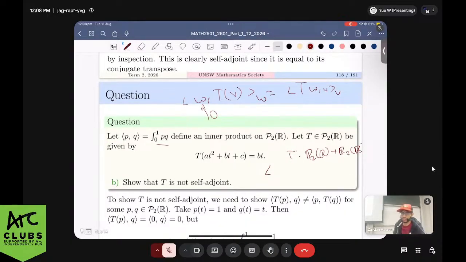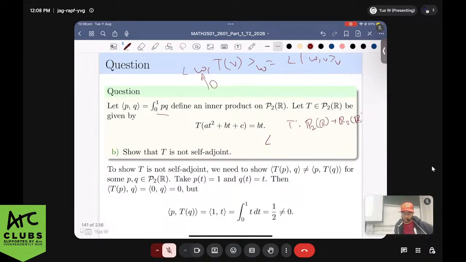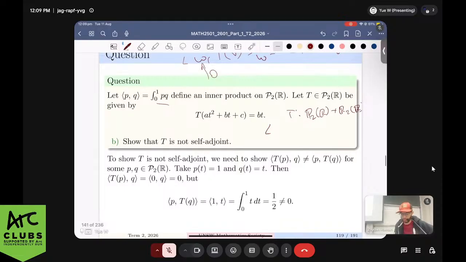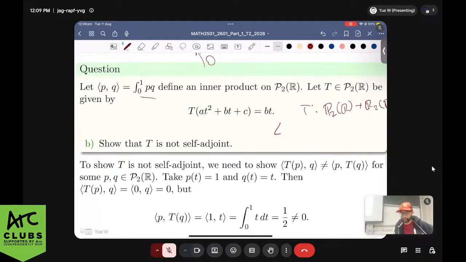Then the left-hand side should be 0, and we want to check if the right-hand side is not 0. We just need the inner product to be 0 technically. So if you do the inner product of T of P with Q using this, it would be 0 if T of P would be 0, if we take something like what?